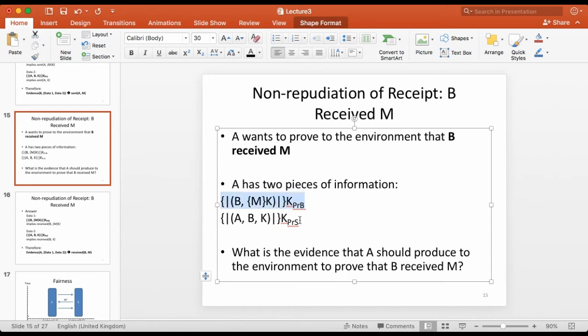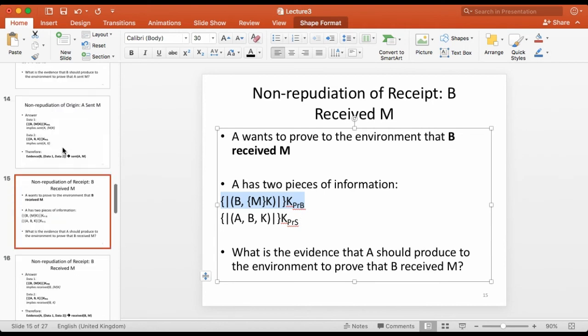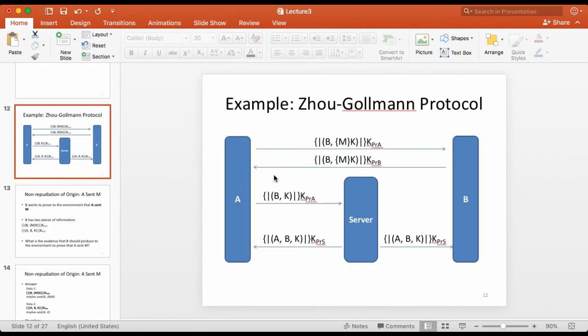First of all, it has the second message that it received from B, which was essentially signing the encrypted message.